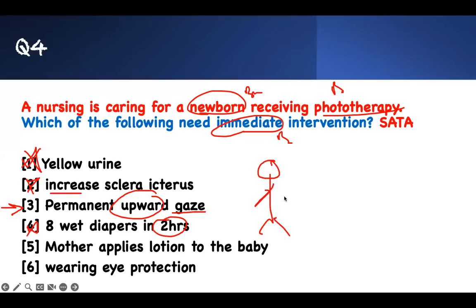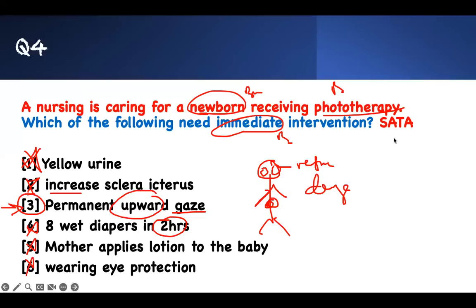The only places we cover are the genitalia and the eyes. We cover their eyes to prevent retina damage. So there's nothing wrong with applying lotion to help with the heat loss. We don't need to intervene. Wearing eye protection, I told you, retina hemorrhage. So that's good. So only one answer.